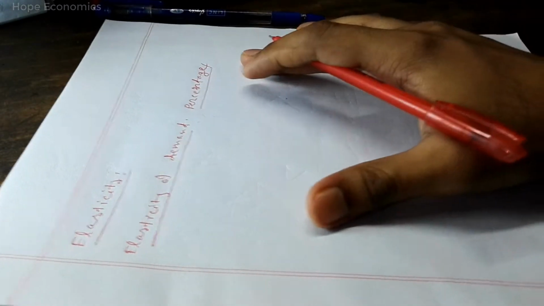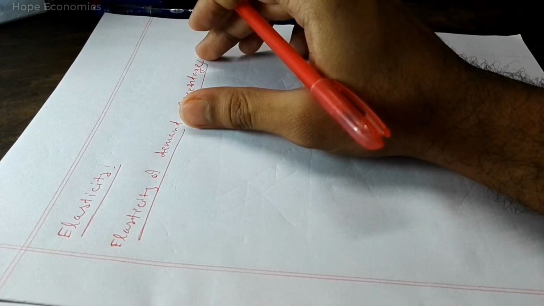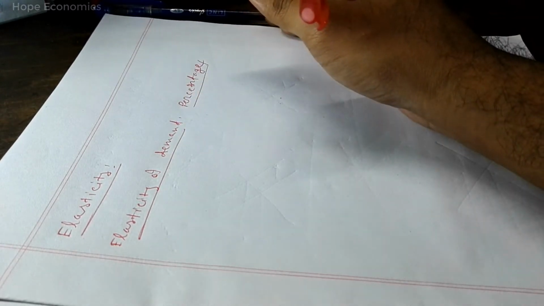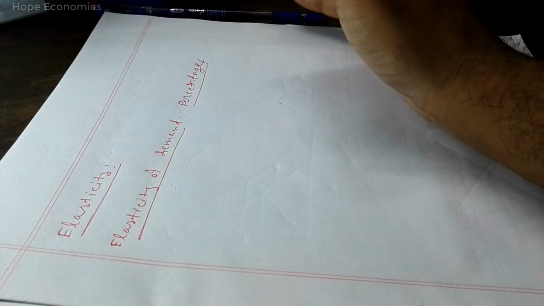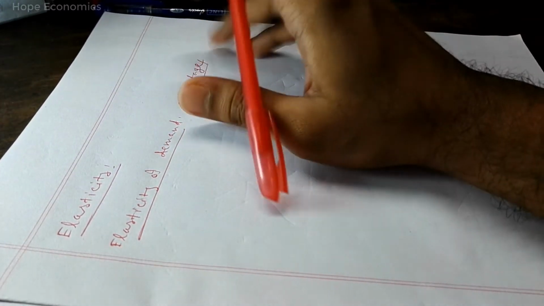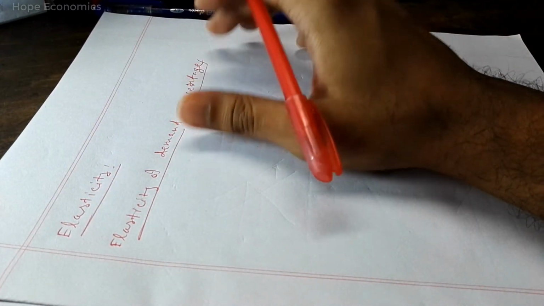This is the difference: in elasticity, we have to calculate everything as a percentage. That is, percentage change in quantity demanded or supplied versus percentage change in price, or one of the determinants. So this is what elasticity means.